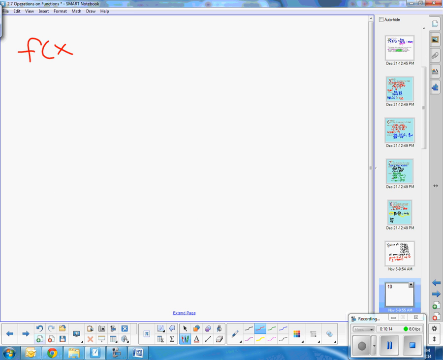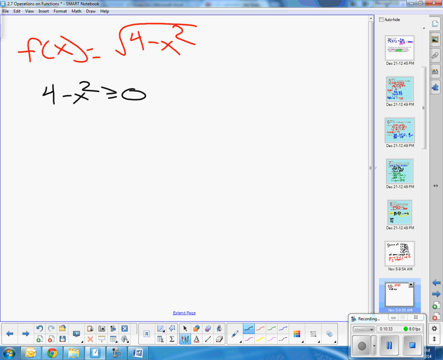Our f of x in this case was the square root of 4 minus x squared. I have to make sure that 4 minus x squared is greater than or equal to 0. I can't take the square root of a negative number. If I did this algebraically, we would have to use a sign analysis, which we generally agree is a pretty cumbersome process, and I would like to avoid that if I could.